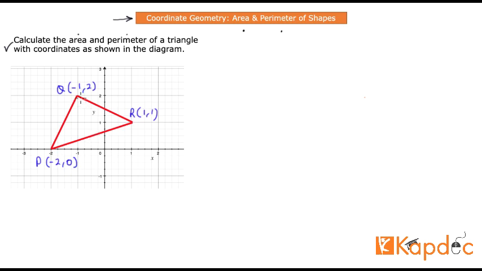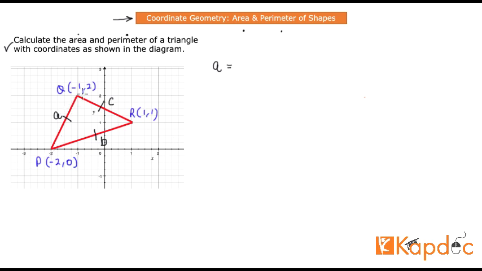Now, based on these three vertices, we can compute the side lengths of this triangle. So let's say this is my side length A, this is side length B, and you have side length C. Let's first measure the actual distances of each one of those sides.